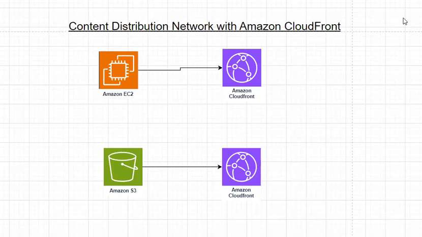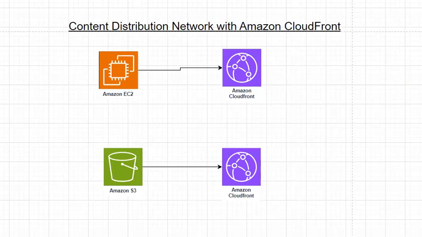In this way, you can create your CloudFront distributions for your servers and provide low latency responses to your clients. I hope you understood how to create a CloudFront distribution for your servers in AWS from this video.